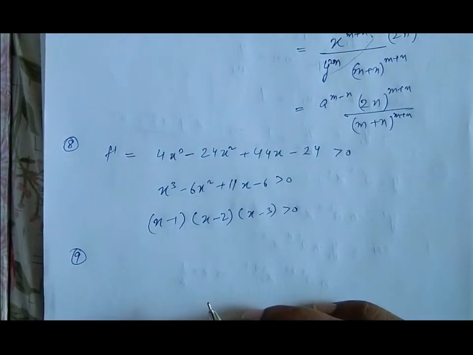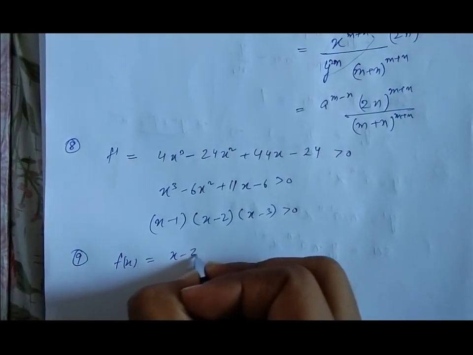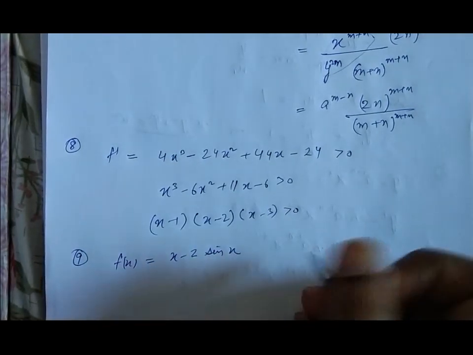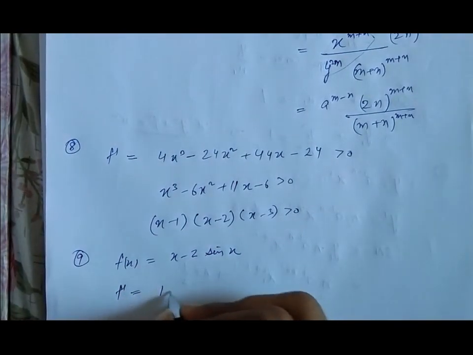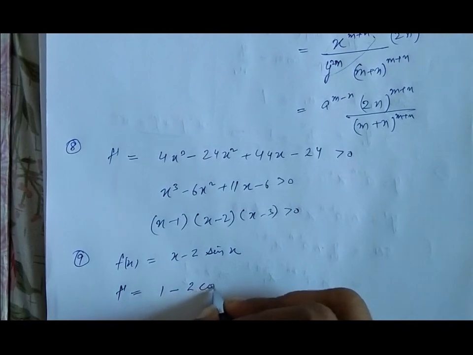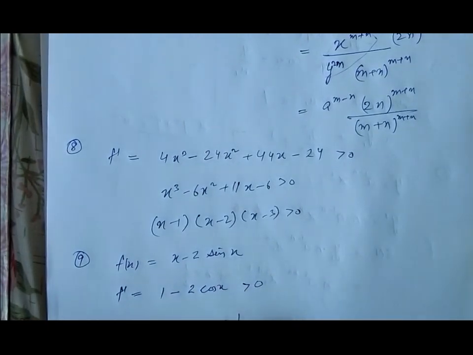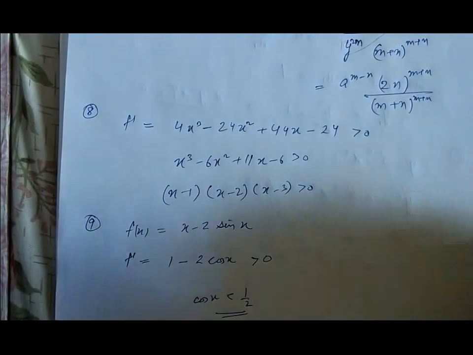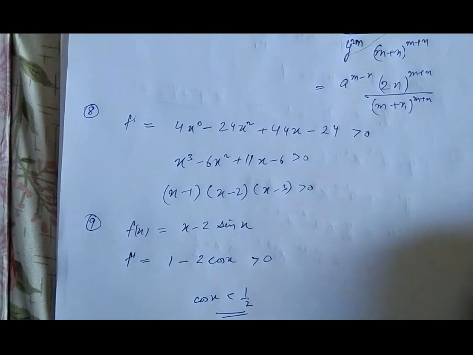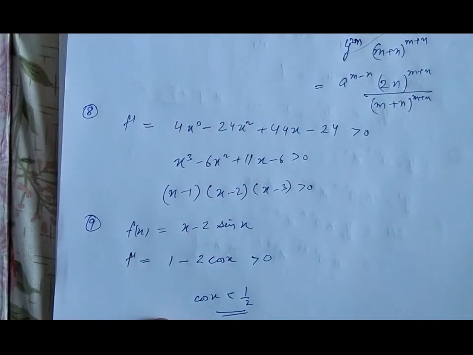Find the interval in which fx is equal to x minus 2 sin x is increasing in 0 to 2 pi. So first calculate f dash is equal to 1 minus 2 cos x. So this has to be greater than 0. So cos x has to be less than half. So cos x can be negative as well.